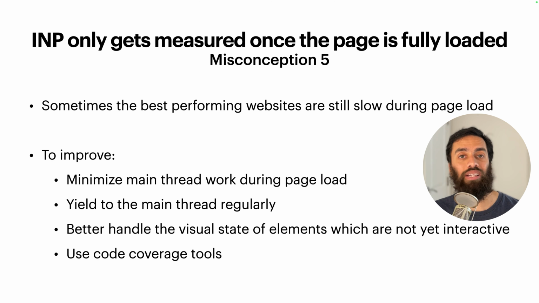You can also try yielding to the main thread regularly. And again, if that's a completely bizarre set of words to use in a sentence, do a little search, DebugBear yield to main thread. We've got a bunch of interesting resources on this.